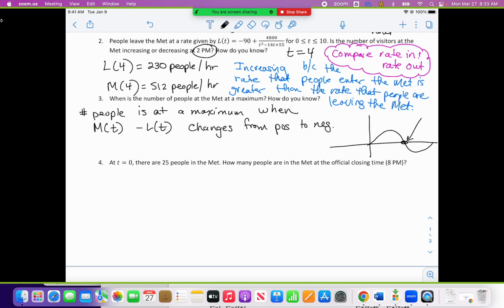Then we're going to do the same thing with L of t, and you're going to have to be really careful. Now I think on your calculator it'll put this as the denominator. If it does, then don't worry about that. L of t.